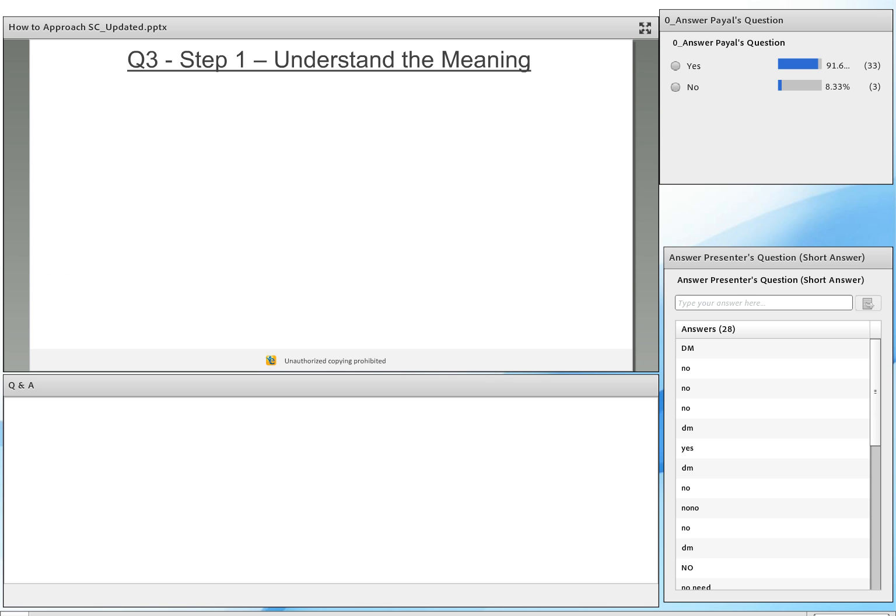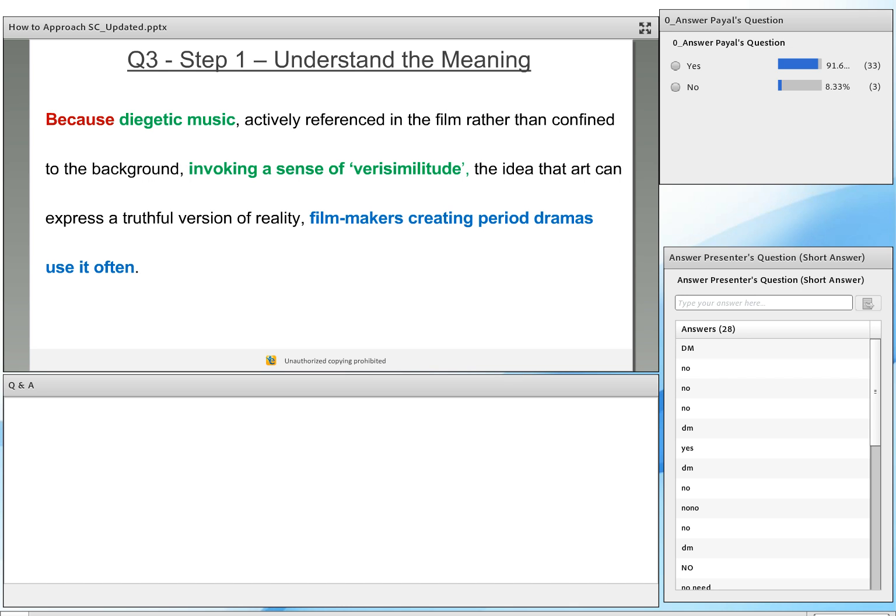So the next step is for you to infer the meaning. Now, you know that you just have to put the pieces of the puzzle together. That's all you have to do. What you know is that for diegetic music, there are two descriptions about it: how it is used and what it does. Diegetic music invokes a sense of verisimilitude, right?